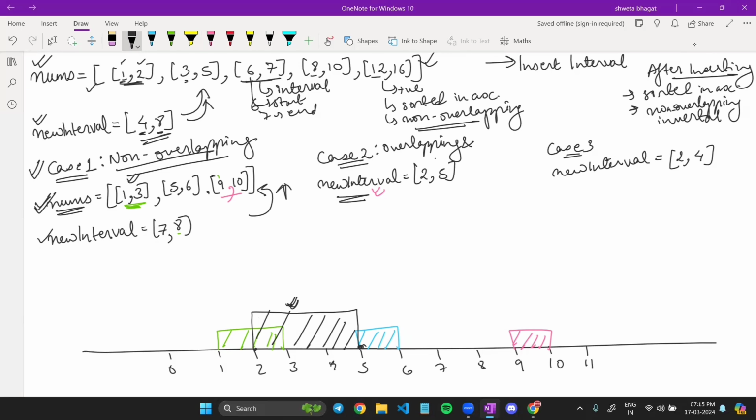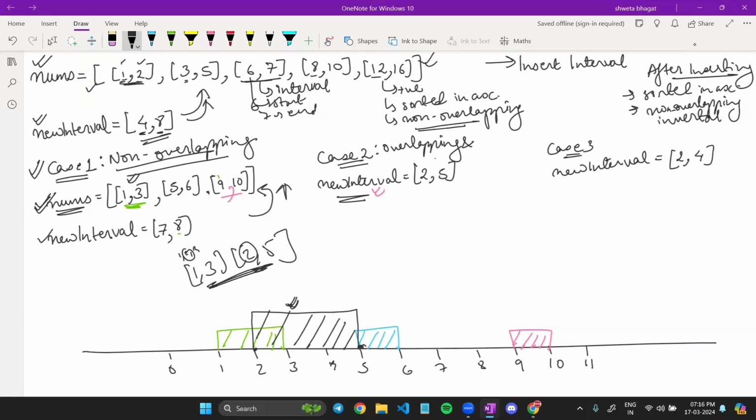And additionally, once we look, we have 1 to 3 and then we have 2 to 5. So we can clearly see that this 2 is common in both of these intervals, right? 1 to 3 means what? It means that we have 1, 2, 3 over here, correct? And this 2 is present in this interval as well as in this interval. So it means that both of them are overlapping, correct?